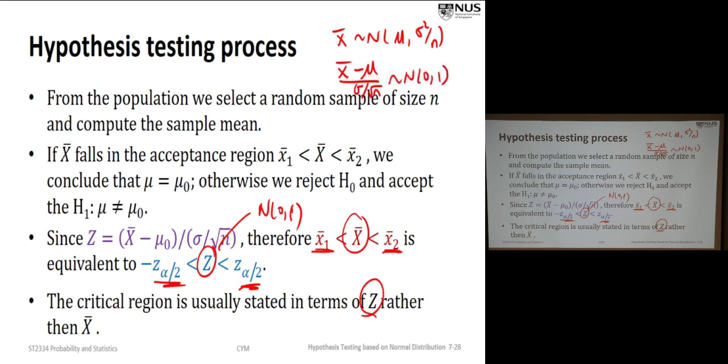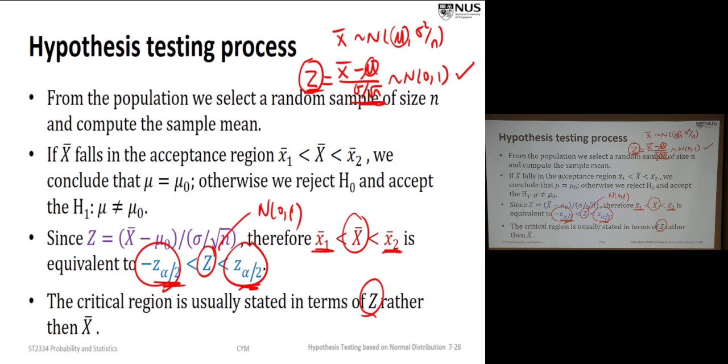So under the null hypothesis, you just replace mu by mu naught. We would prefer to make our decision rule based on this. Once you compute the test statistic using this formula, I compare it with two numbers that I can obtain from the standard normal distribution.